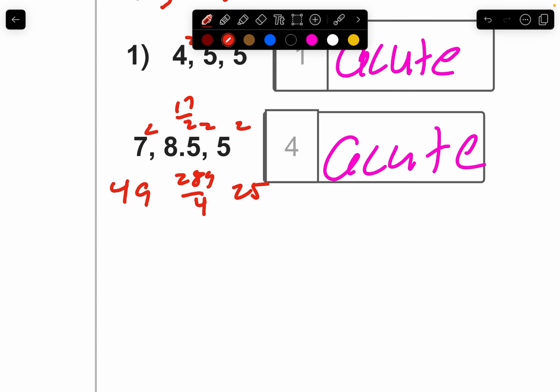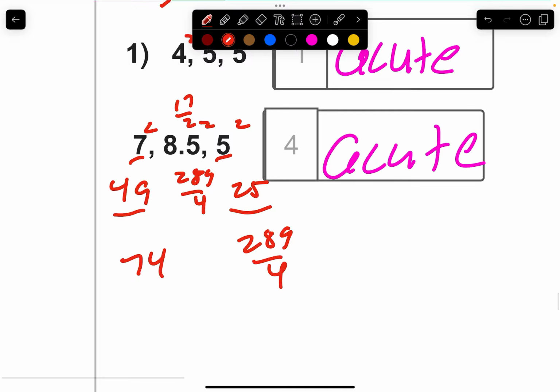Well, we know that 49 plus 25, those are going to be the two smallest ones, right? 7 and 5 are the small sides. So 49 plus 25 would be 74, and 289 over 4. That might be kind of hard to do. I don't know. Yeah, I would definitely not make you do that without a calculator.